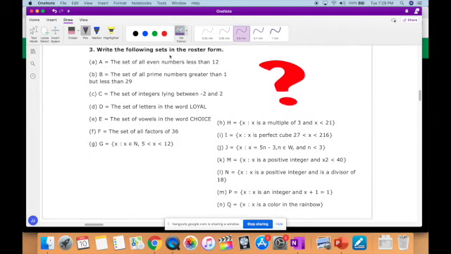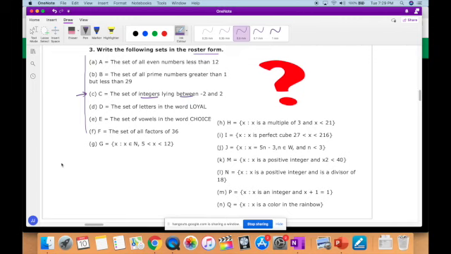So write the following sets in roster form. Right? So you actually have to write out the elements. And you can see here that they start by giving you the set builder form. So I'll just do a couple to show you. First of all, number C. The set of integers lying between -2 and 2.